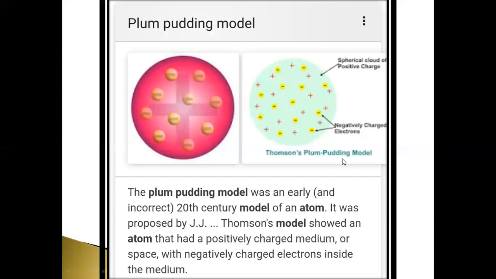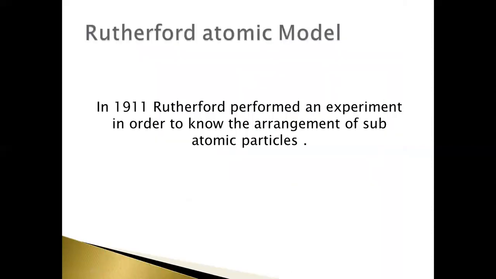Or if you have a pudding, the pudding is made up of protons, and the plums embedded in the pudding are the negatively charged electrons. As I told you, this plum pudding model was rejected by many scientists, and one of them was Rutherford. Then he presented his model called the Rutherford atomic model.